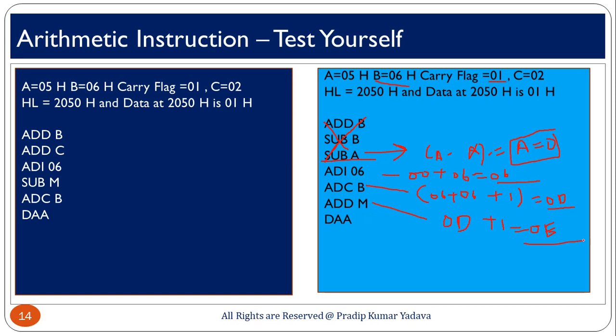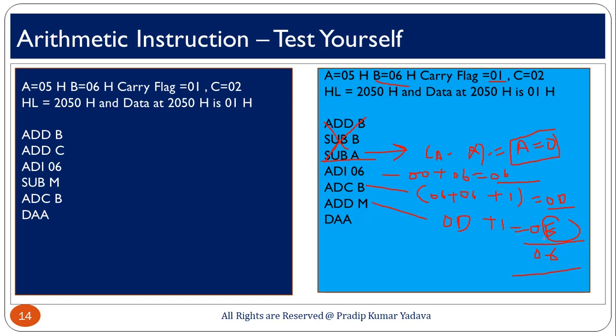Okay. Here you can see E is greater than 9, so you have to add 06 here. Okay. After adding 06, you can get the output in decimal also.